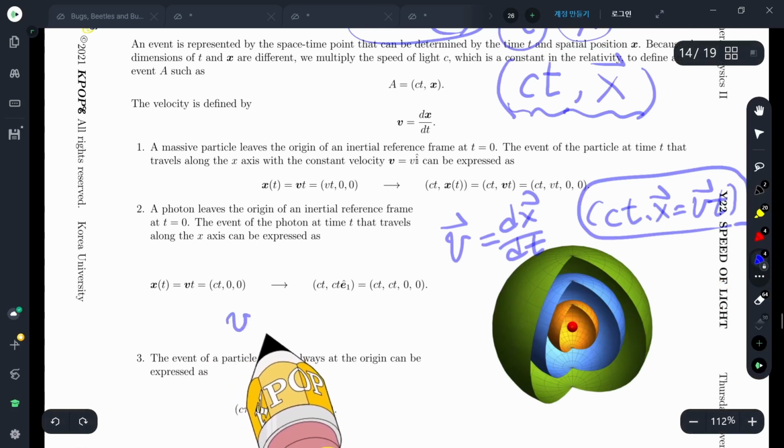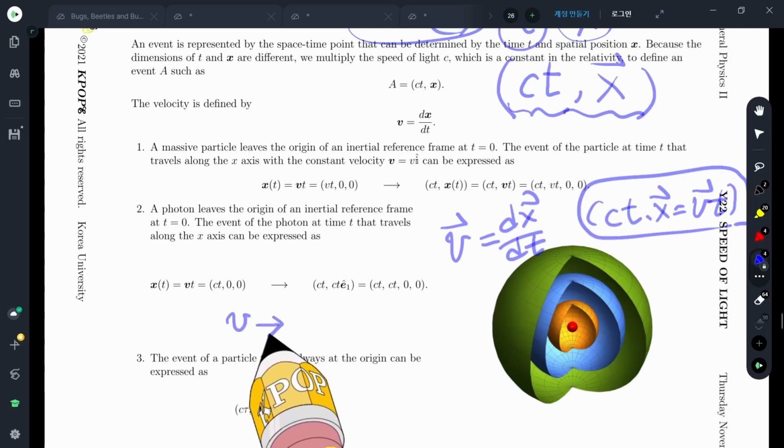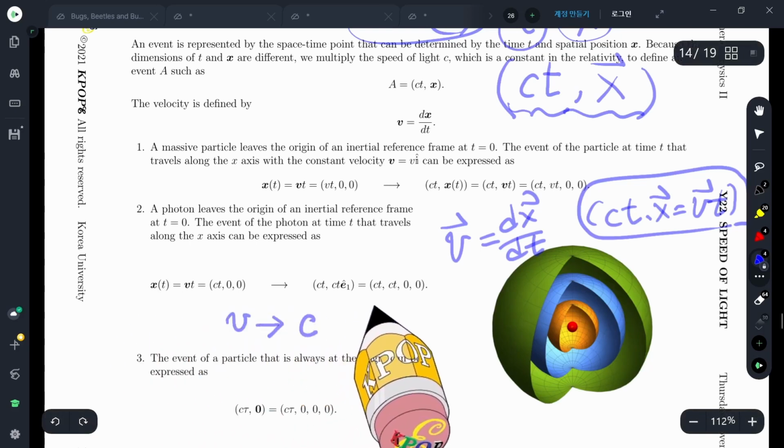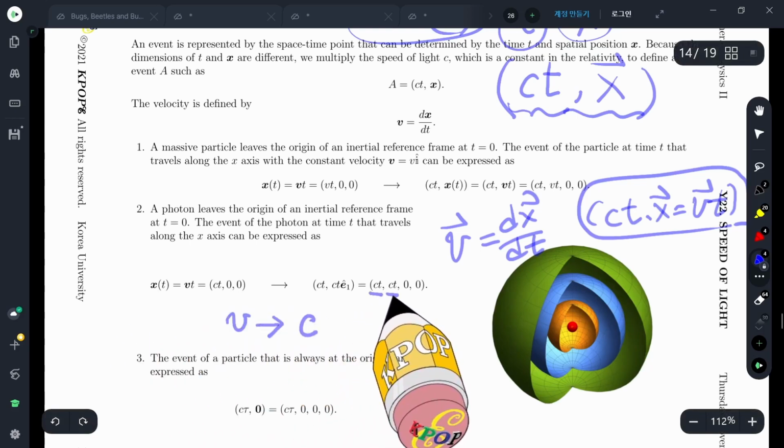Hence, the velocity v of a usual massive particle is to be replaced with the speed of light when we consider the space-time event of a photon. Then, the space-time event of a photon is written in this form when it travels along the x-axis. All right.